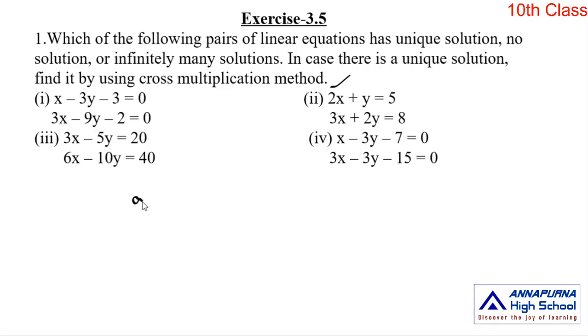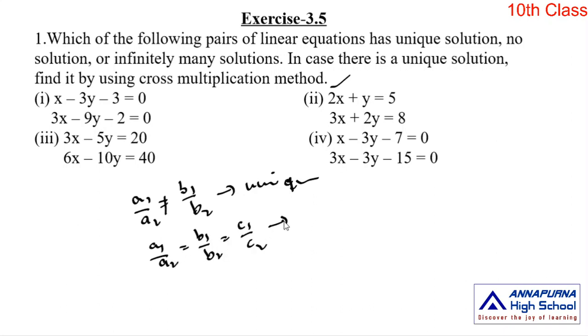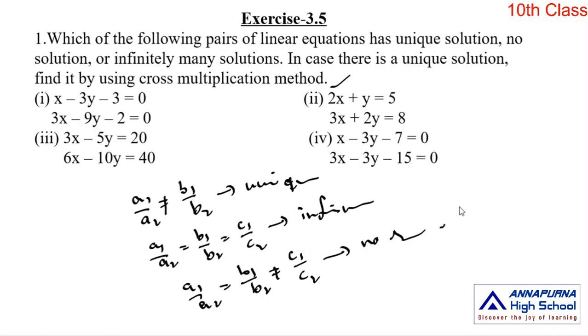So if a1 by a2 is not equal to b1 by b2, then the pair of equations has unique solution. If a1 by a2 is equal to b1 by b2 is equal to c1 by c2, then the pair of equations has infinitely many solutions. If a1 by a2 is equal to b1 by b2 not equal to c1 by c2, then the pair of equations has no solution.